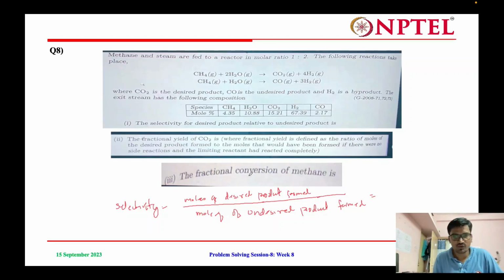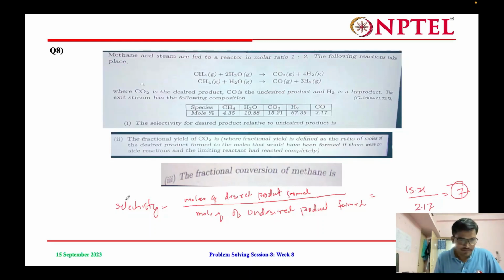Here CO2 formed is 15.2, since CO2 is the desired product and CO is the undesired, and CO is 2.17, which equals 7. So 7 is the selectivity.